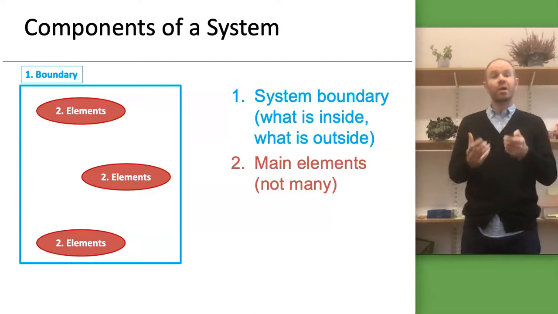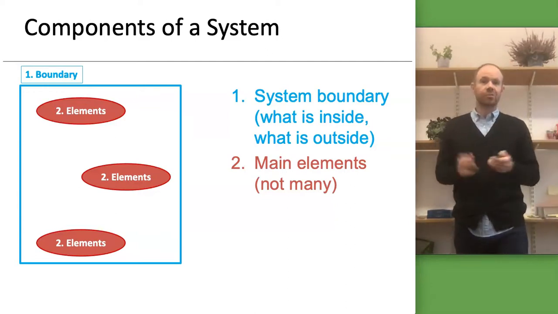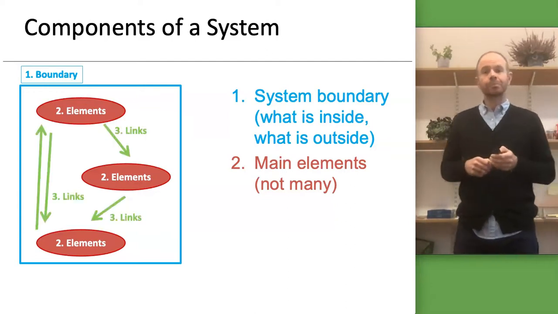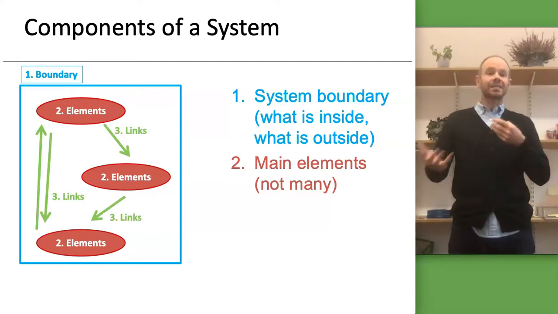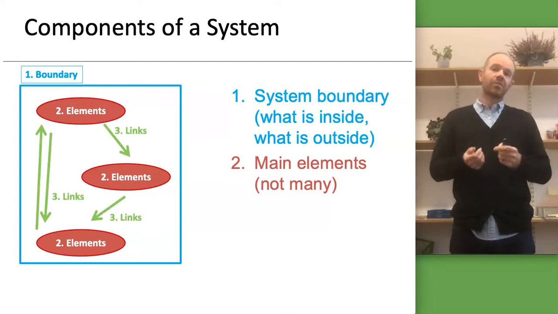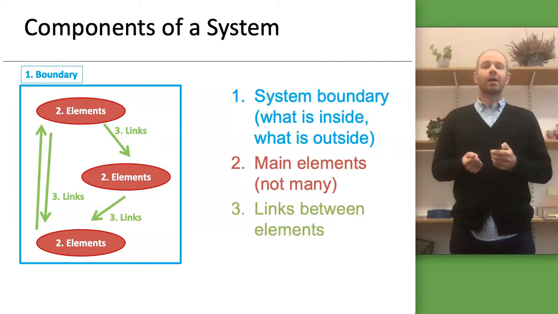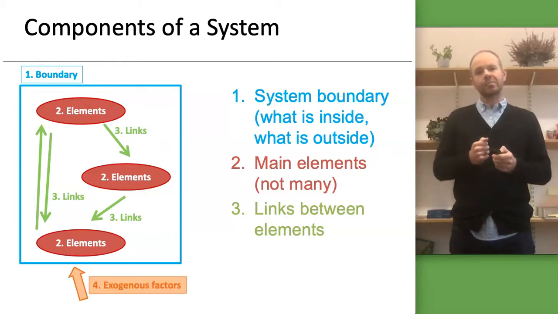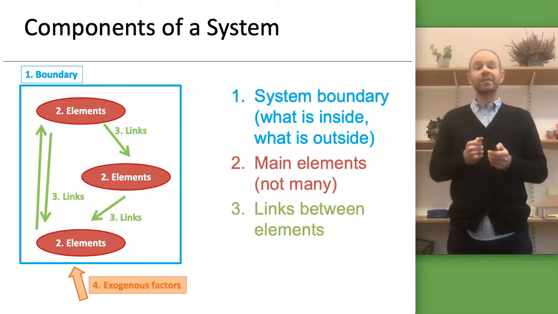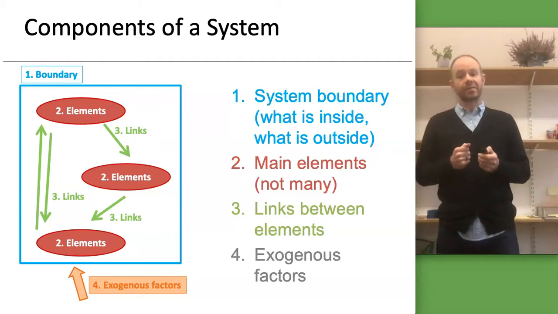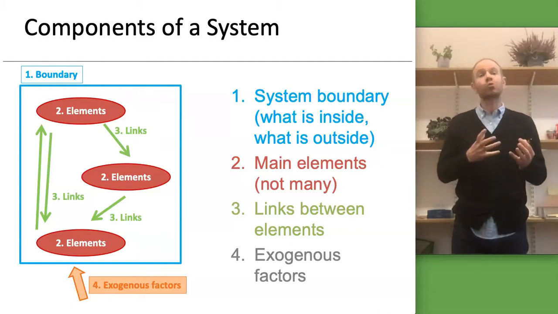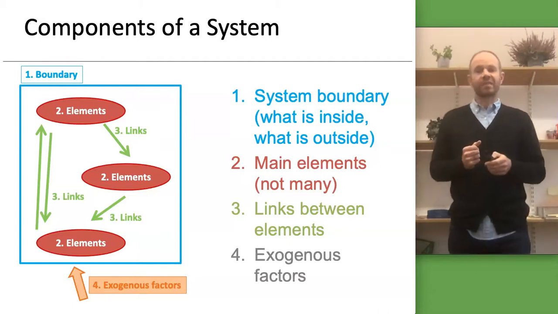So we've got a few elements within the boundaries of the system. Then we've got links between these elements, and these links are the manner in which these elements are related. We'll get into that in just a moment. And then finally, we've got exogenous elements, which are the things outside of the boundary of that system.